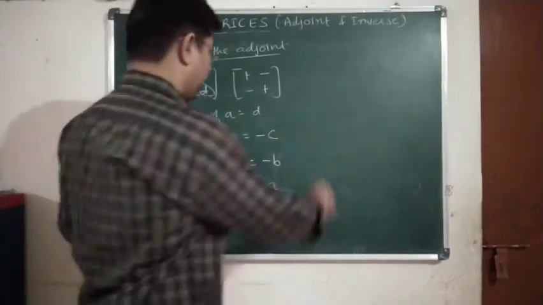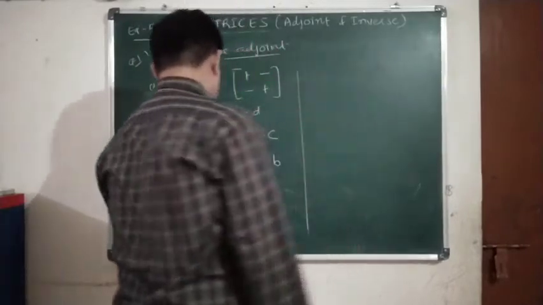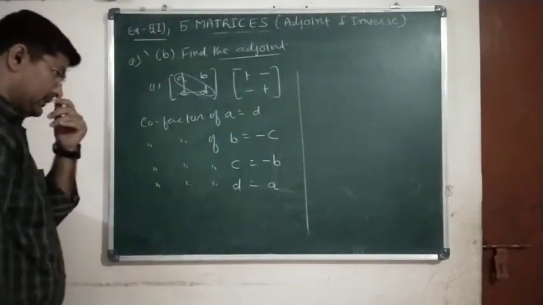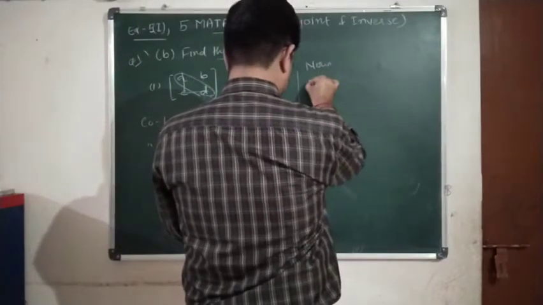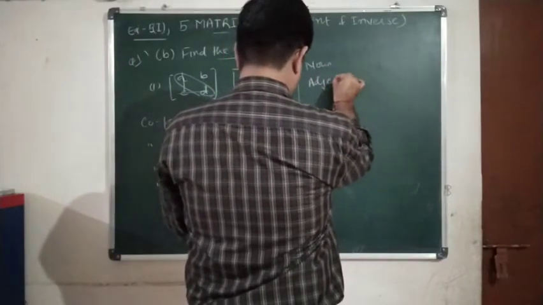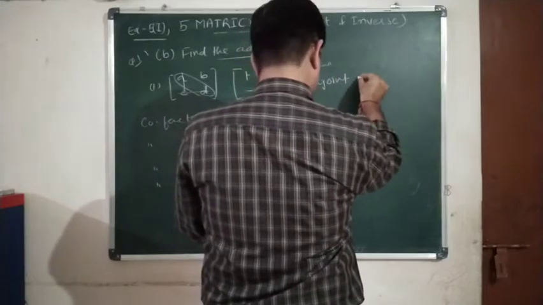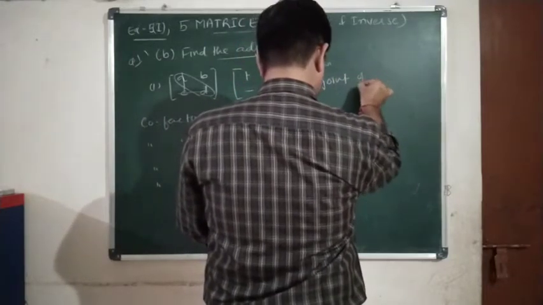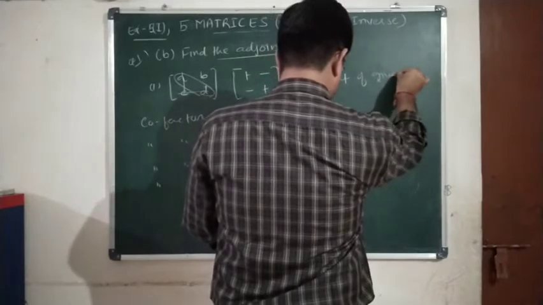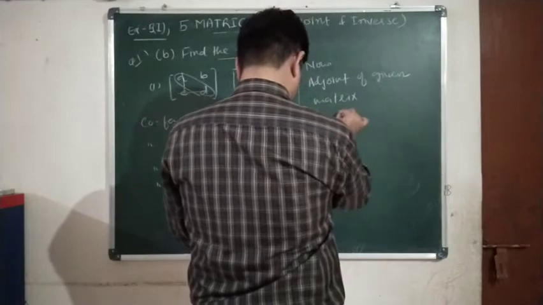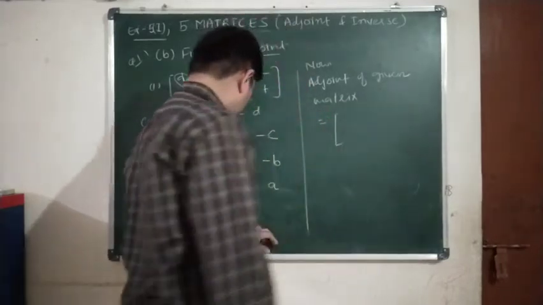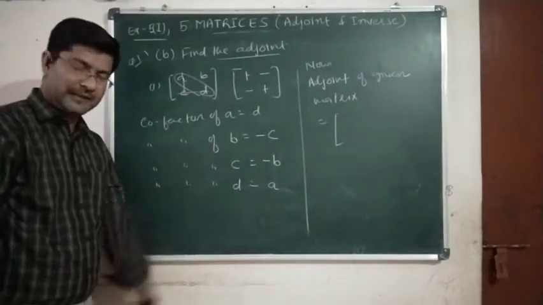Now, what is the adjoint? The adjoint of the given matrix is equal to, we will replace each element by its cofactor.